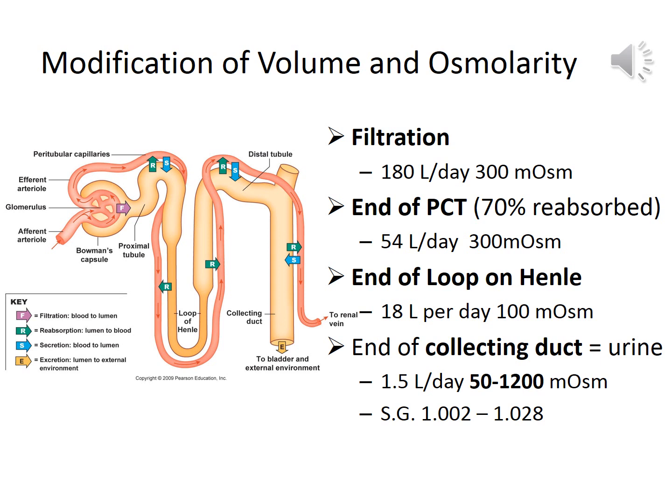By the top of the ascending loop of Henle, we only have 18 liters per day, and we are at 100 milliosmolar. We pulled enough solute out that now we are hypoosmolar to our plasma. So we've lost a lot of volume, and we've also lost the concentration of solutes in that filtrate.